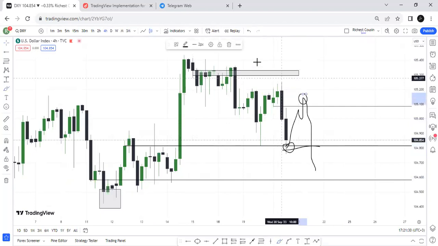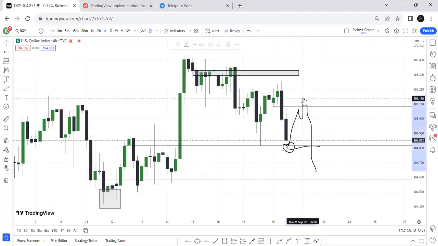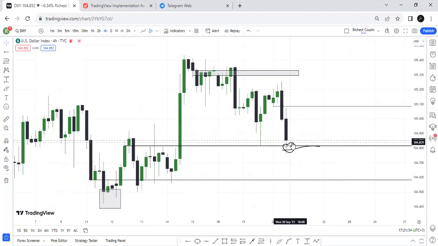But in the meantime, what we are seeing is bearishness in the DXY. If we see bearishness in the DXY, which means in other pairs which have USD as their benchmark, we'll see some bullishness.